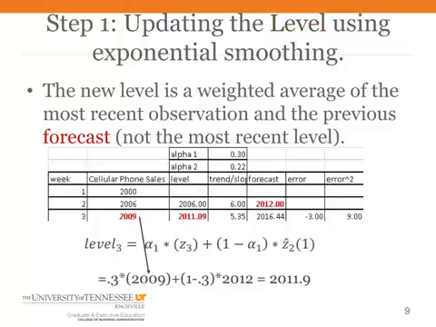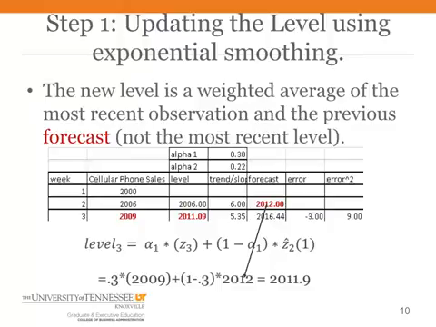We have just observed the sales for period 3, and we want to update the level of the process. So the level 3 will be a weighted average that will include the current sales. We're showing here that 2009 goes into that, and there will be an alpha by which that gets weighted. This is very similar to regular exponential smoothing models. And then we will weight by 1 minus alpha the forecast that we made in the previous period.